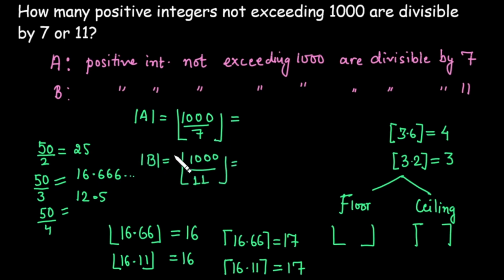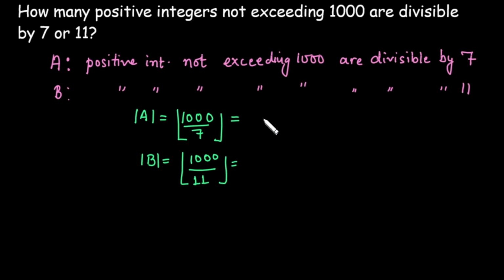Similarly, we can count the number of positive integers not exceeding 1000 and divisible by 11. In this case, we have 142.85, then take its floor, which is equal to 142, and here we have 90.90, which is equal to 90.